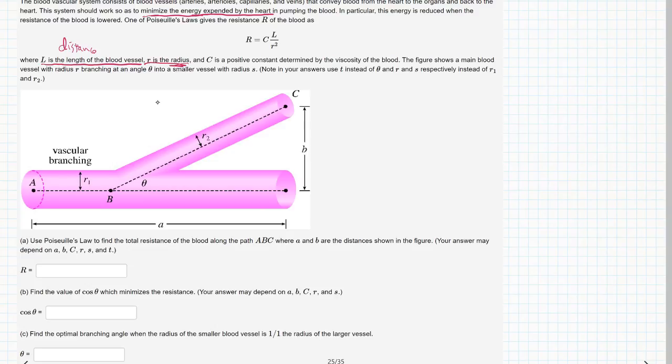And C is a positive constant determined by the viscosity of the blood, so this is just a constant. So the C is not doing really much at all. The figure shows a main blood vessel with radius r branching at an angle theta into a smaller vessel with radius s.